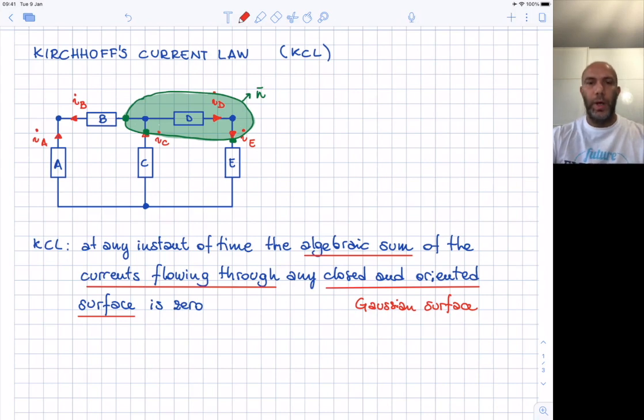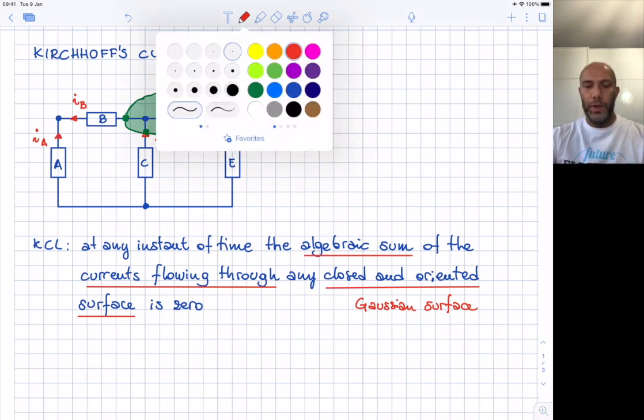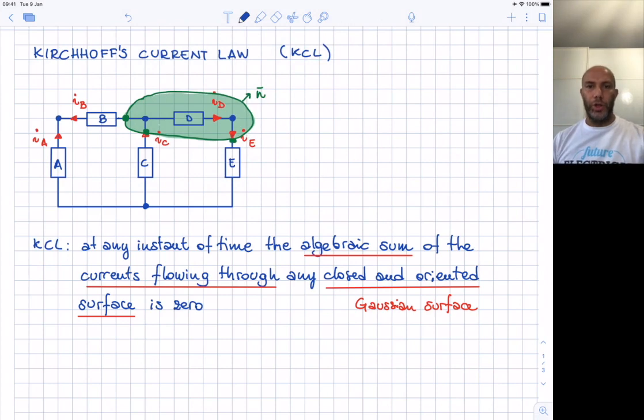In particular, we have to adopt a convention for the currents that are crossing the surface. For example, we consider the currents that are crossing the surface with the same direction as the orientation of the surface as positive currents, while the currents that are with the opposite direction with respect to the unit vector are taken with the minus sign.